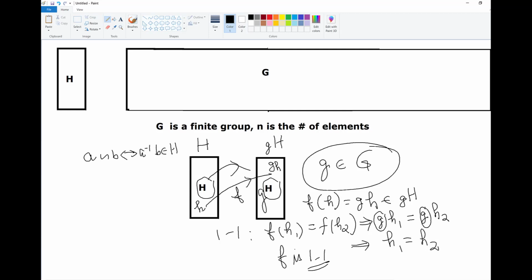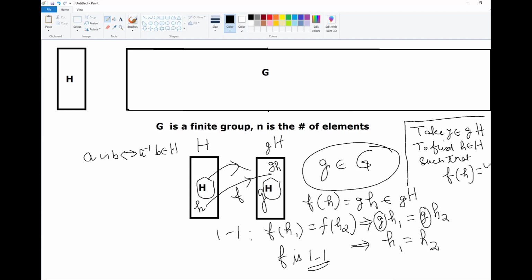That is, for onto, what we have to do is take any y in gH, to find h in H such that f(h) is y.